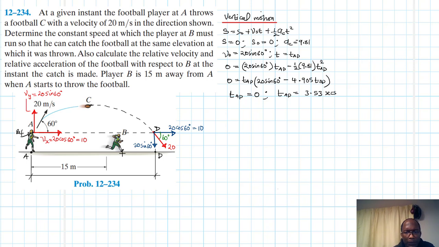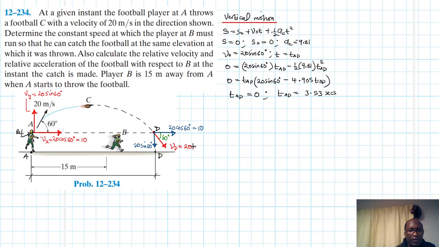So now we found the time from A to D. This one is our V_D, which is equal to 20.